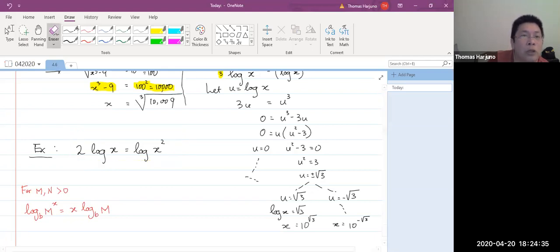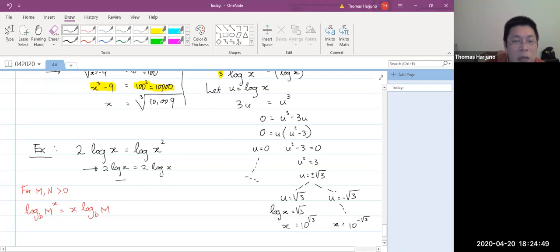Now, going back to this question, how do we solve this? Then we say that this is 2 log x equals 2 log x. That's basically an identity, right? So the solution is supposed to be, originally, all real numbers. However, when we look back to the original equation, we see that x has to be strictly positive.